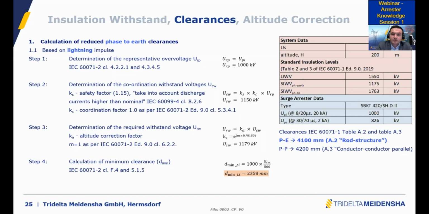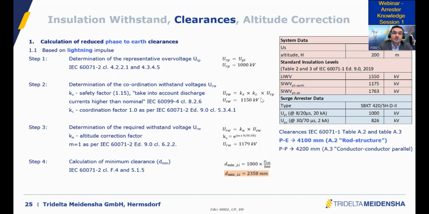It's quite important, because if you consider an installation at sea level, at 0 meters, your altitude correction factor will be 1, and the required voltage for the minimum clearance will be the residual voltage times the coordination factor, including a safety margin.